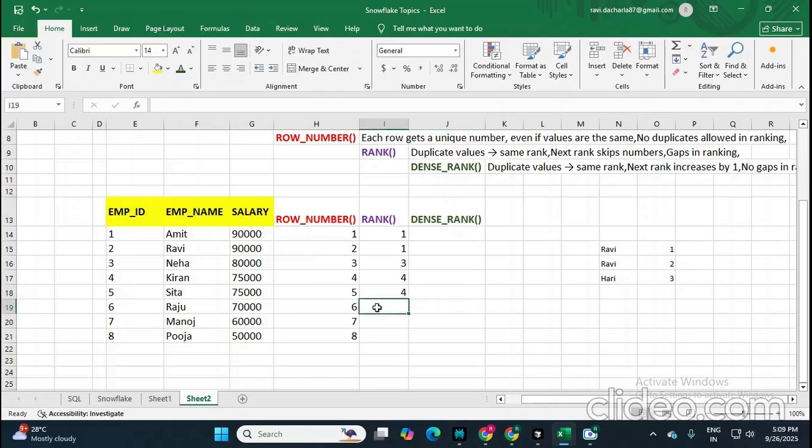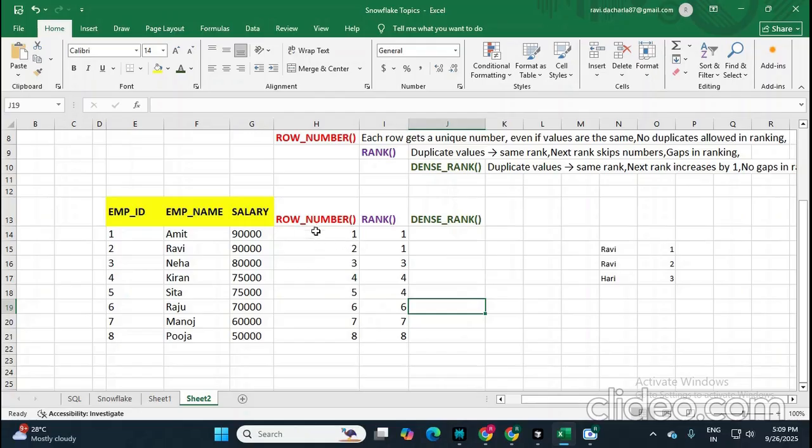Next, Raju has 70,000. The previous rank was 4, and the one before also 4, so it skips 5 and assigns 6 to Raju. After that, Manoj with 60,000 gets 7 and Puja gets 8.